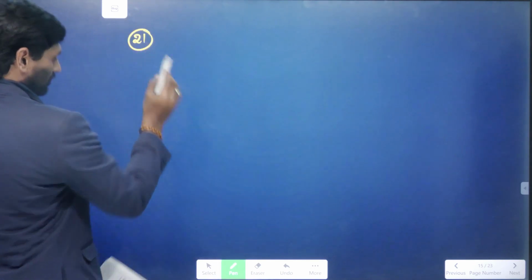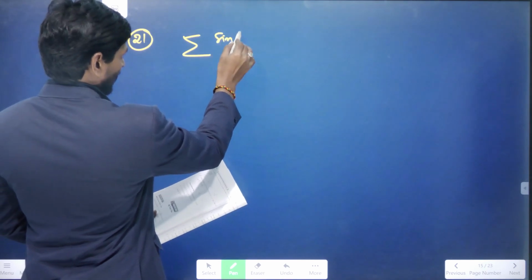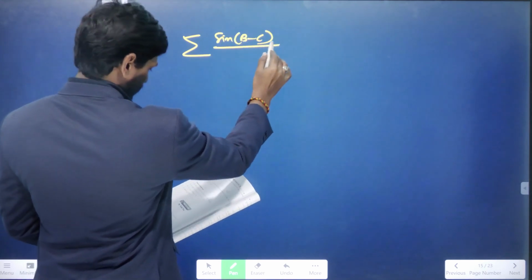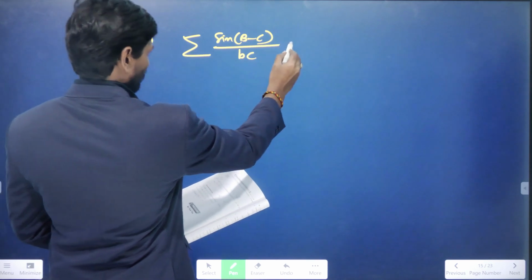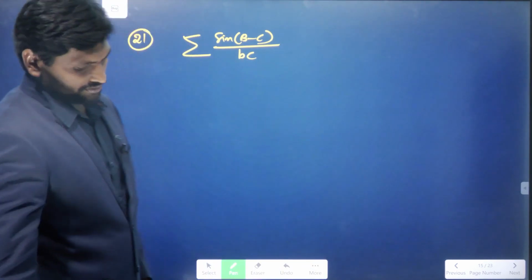Now the last one, the 21st one. In triangle ABC, sigma of sin(B minus C) by BC. Let us find this value.